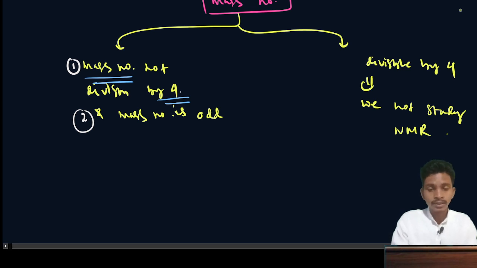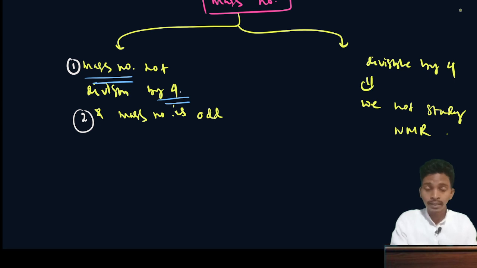Welcome. In the previous class I discussed the introduction to nuclear magnetic resonance, that is NMR. We have seen that NMR is based on the nucleus of an atom, and based on the nucleus we can tell whether a particular atom is NMR active or not.